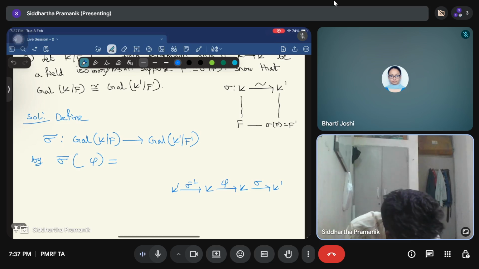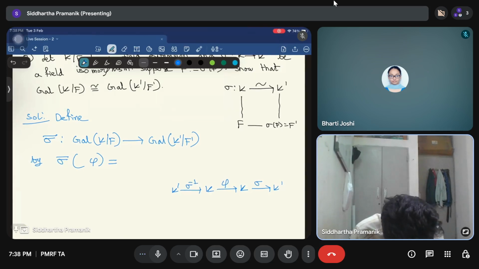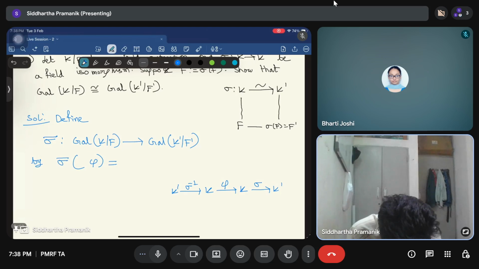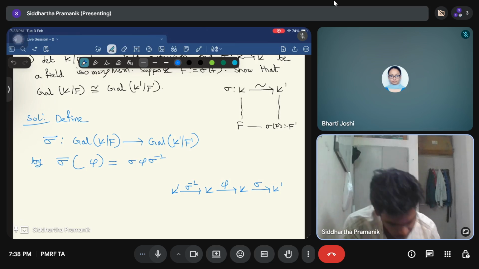So this is sigma phi sigma inverse, right? So we are defining this.